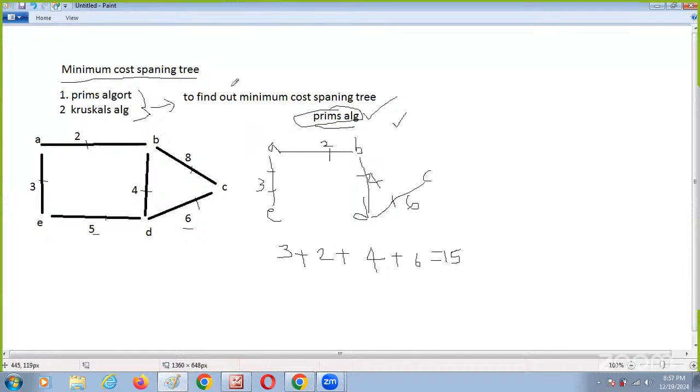Next, try to work out like this. It will be asked in the GATE exam also, they don't have any choice. If they want to ask a minimum cost spanning tree, they have to give one graph and ask what the minimum cost spanning tree is.